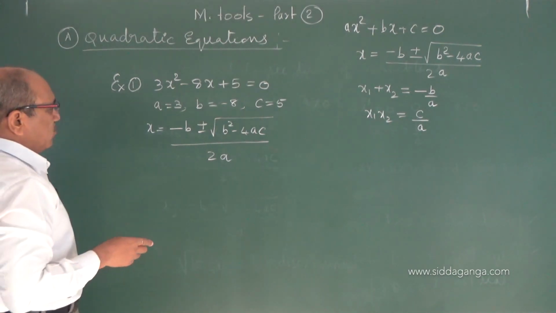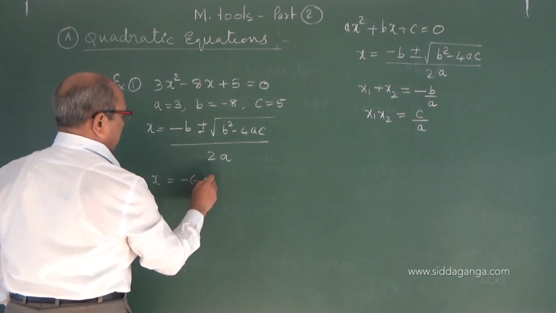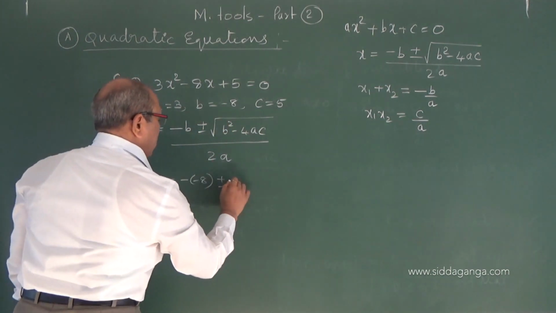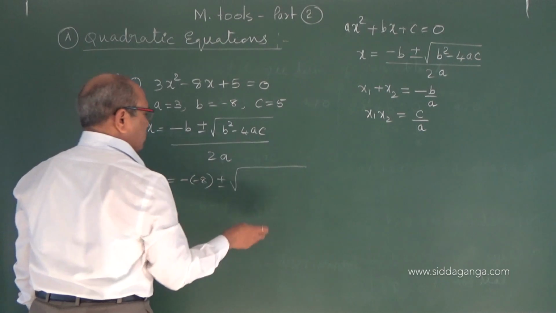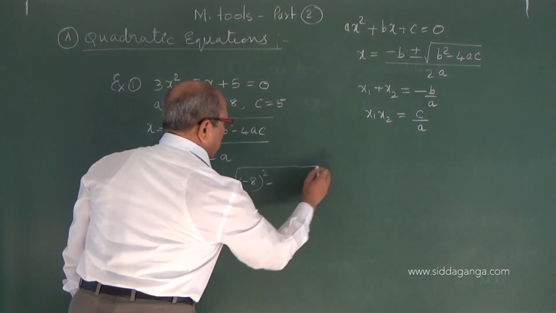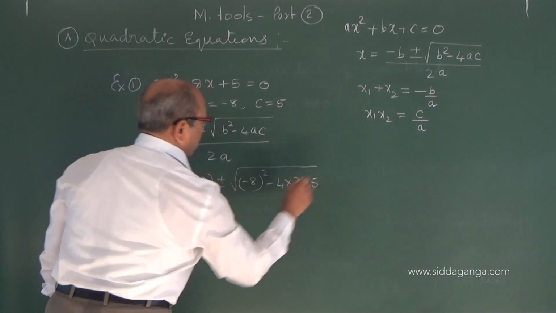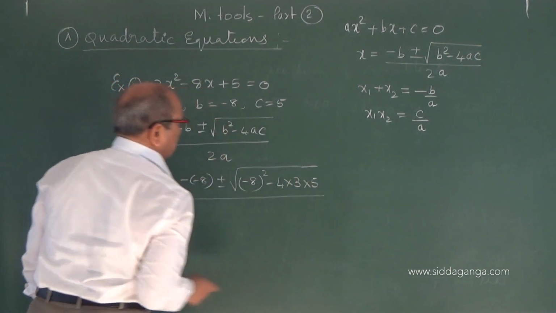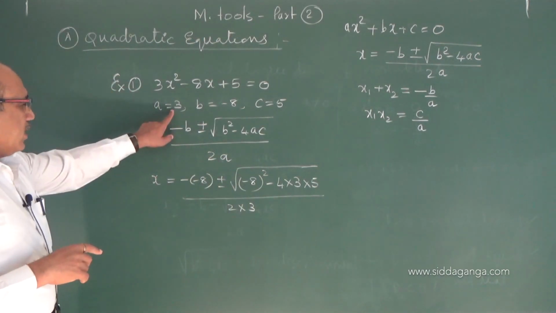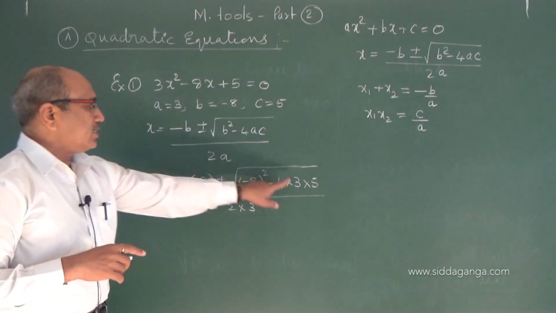Substituting here, x = −(−8) ± √((−8)² − 4 × 3 × 5), divided by 2 × 3. So b is −8, and in b² − 4ac, a is 3 and c is 5.